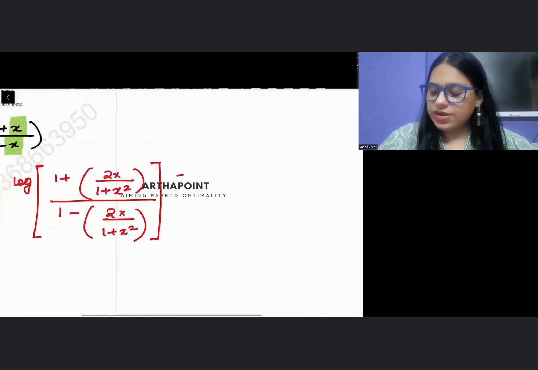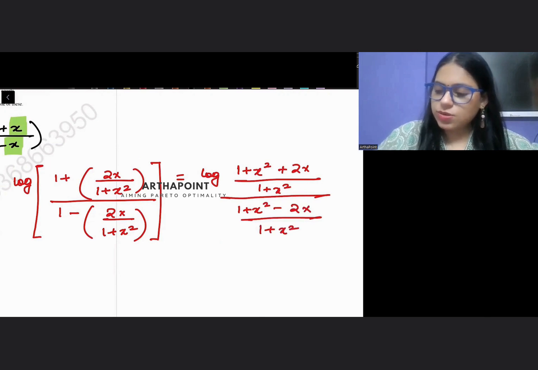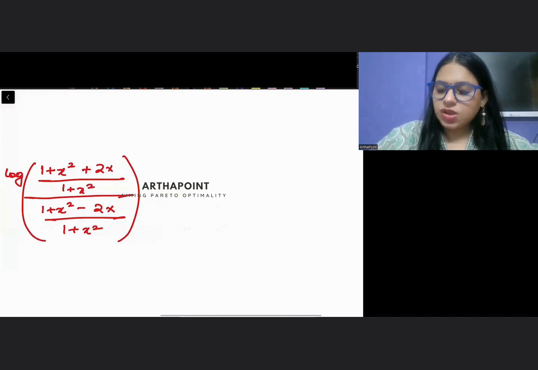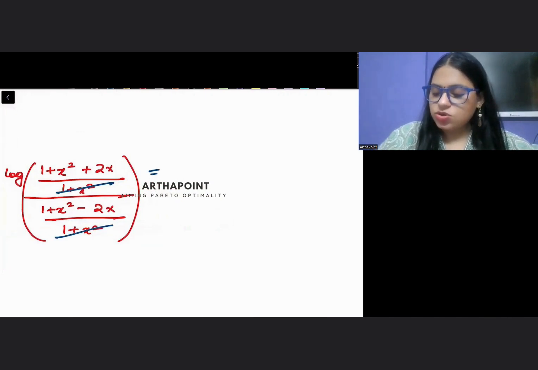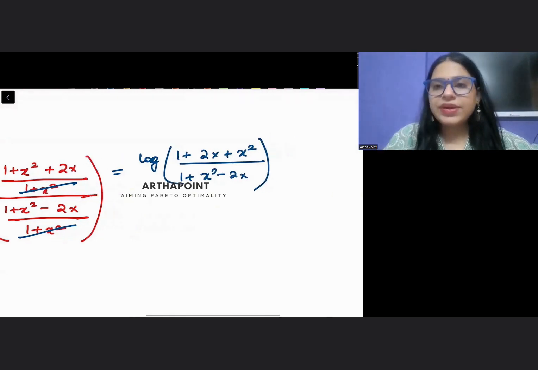So you will get log((1 + 2x/(1 + x²))/(1 - 2x/(1 + x²))). Then the denominators cancel out, so you will be left with log((1 + 2x + x²)/(1 + x² - 2x)).